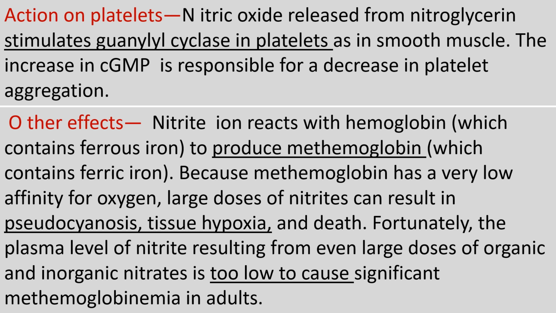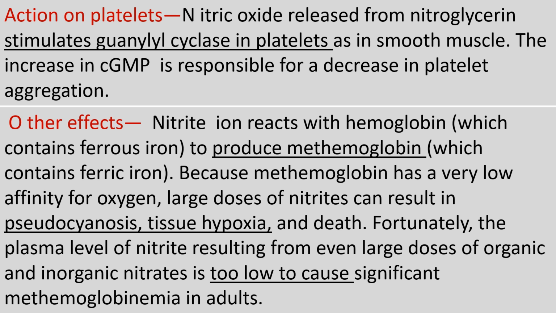Now there are a few other effects of the nitrite ion. What happens? It reacts with the hemoglobin and it produces a kind of hemoglobin which is called methemoglobin, which contains ferric ion. Now, as compared to hemoglobin, methemoglobin has a very low affinity for oxygen. Large doses of nitrites can result in pseudocyanosis or tissue hypoxia, and in severe cases death as well.